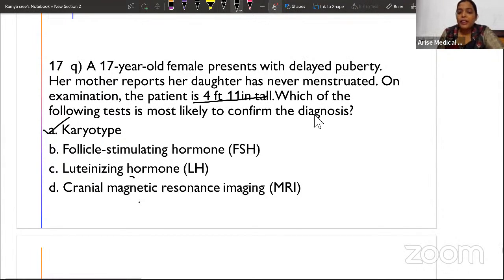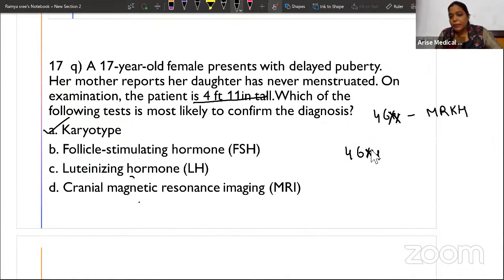dealing with, right? So if it is 46XX, the differential with primary amenorrhea is MRKH, Mullerian-Rokitansky-Kuster-Hauser syndrome or Mullerian agenesis.